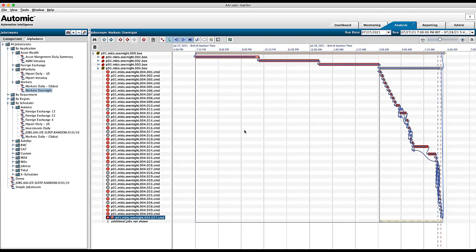So they do not have to check on a set of jobs that they would have to check on if they were monitoring at the job level.